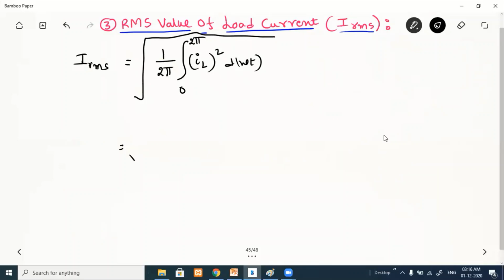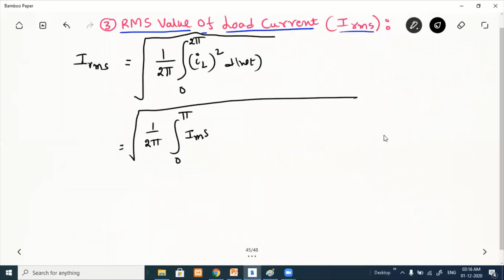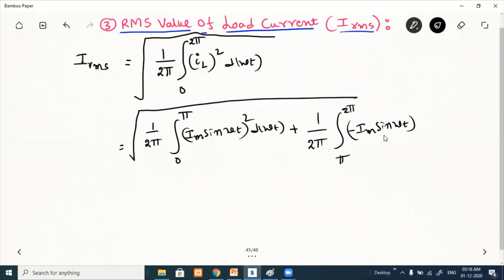Then it is equal to 1 by 2 pi integral 0 to pi of (Im sin omega t) whole square d omega t, plus again 1 by 2 pi integral pi to 2 pi of (minus Im sin omega t) whole square d omega t.